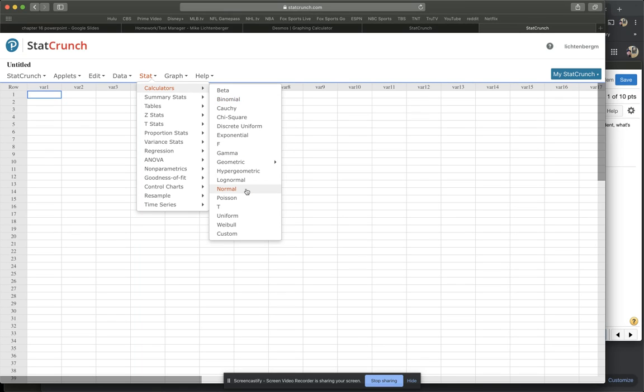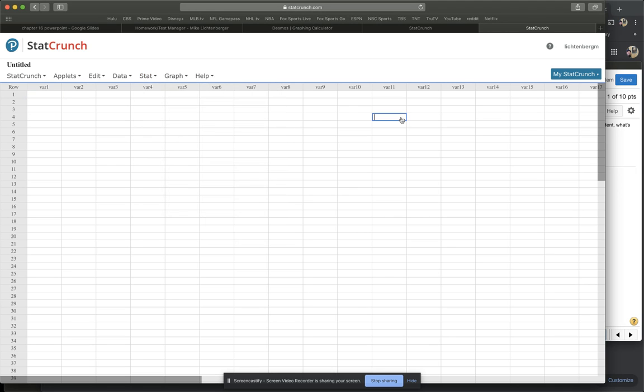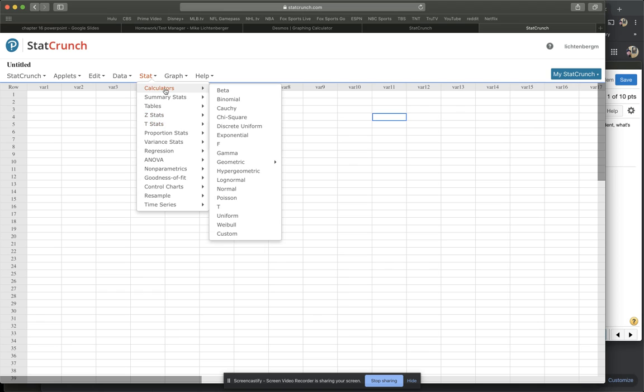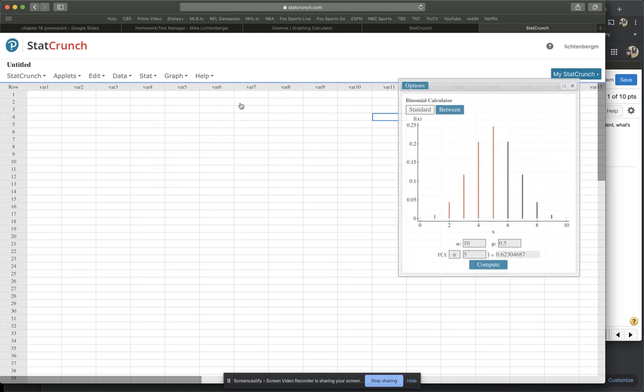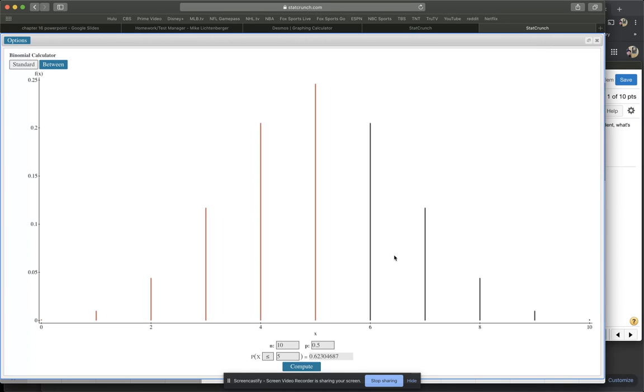Just like we did when we were doing the normal, except we're going to go to binomial. So again, that's Stat, Calculators, Binomial. And here's our thing here.